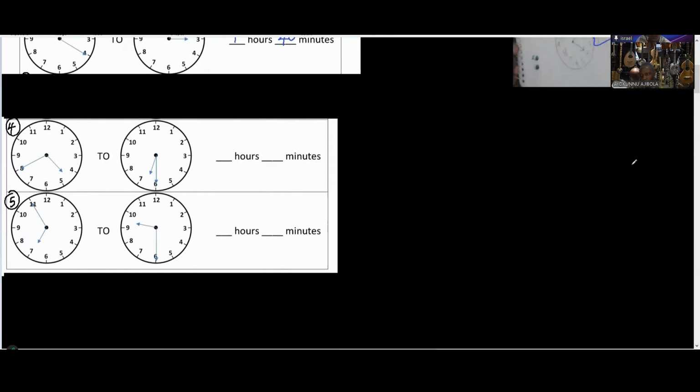And to the other ones that you did not see, this is 4:40 to 5:30. So what do you think the elapsed time is? What's the elapsed time for this number four?